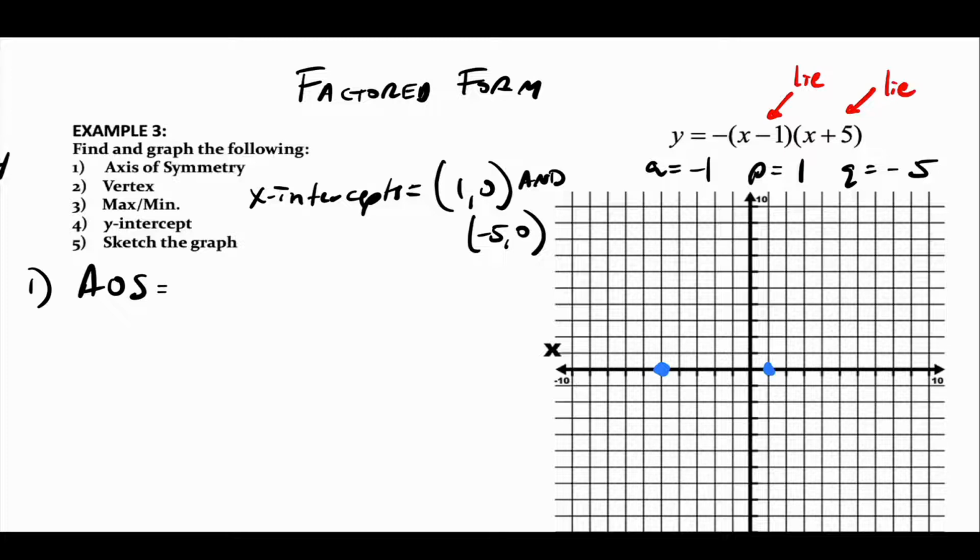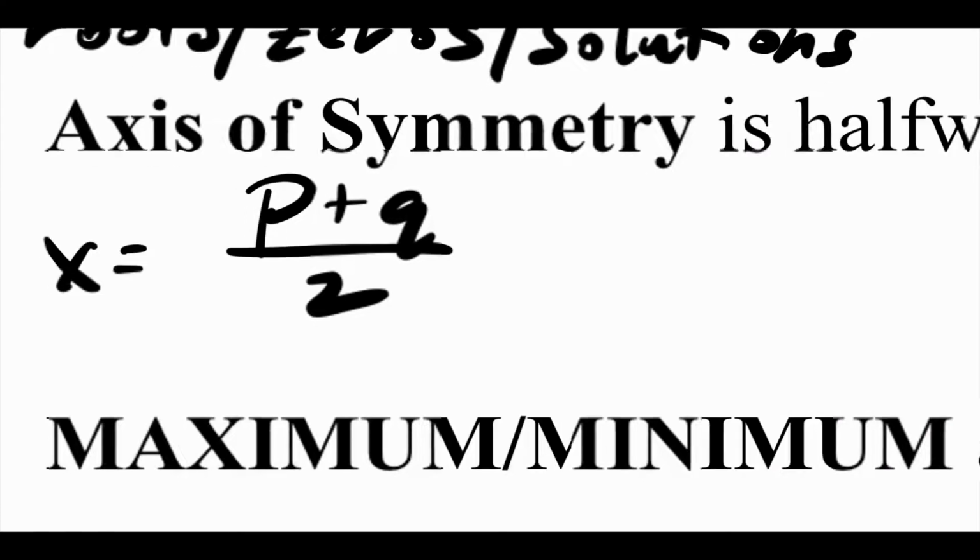So what does it say for axis of symmetry? How do we find axis of symmetry with factored form? What does it say in the front? Halfway between P and Q. So if you can see it with your eyes, where's halfway? It's like -2. That works. If you don't, sometimes you're like, I don't know where halfway is. How do I find halfway? I'll show you a trick. Add up P and Q and divide by 2.